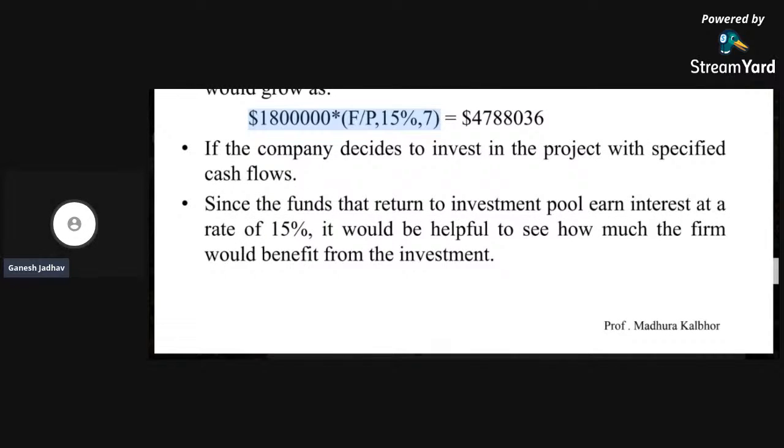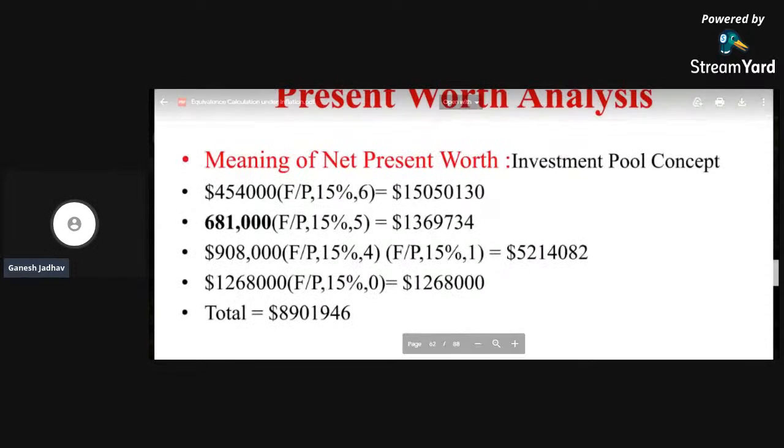Then here is also the investment pool concept, that is 4.5 million. As per this, the present worth factor can also be calculated. Present worth analysis, so you can calculate it here. Here also you have to use the formula F is equal to P (1 plus i) raised to n.